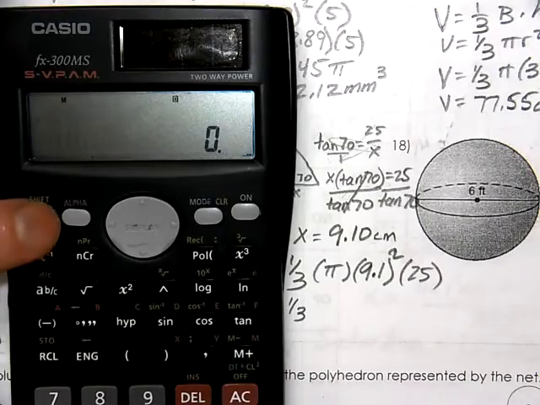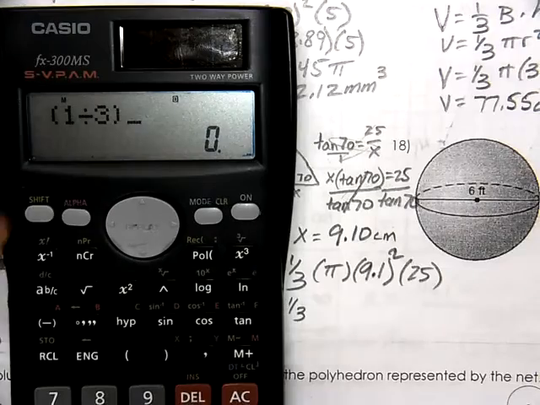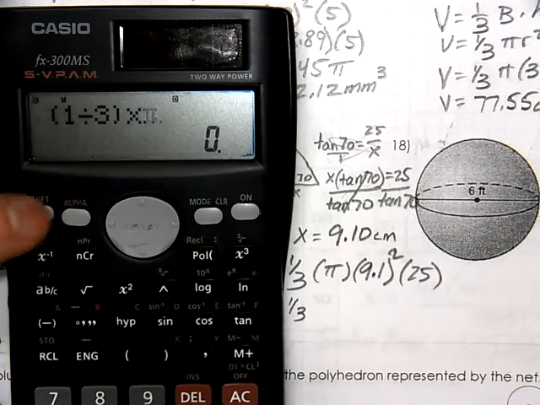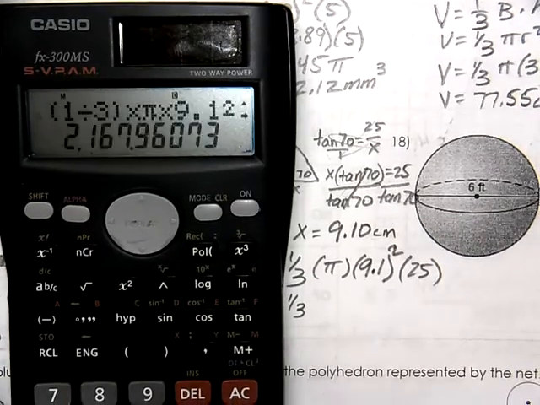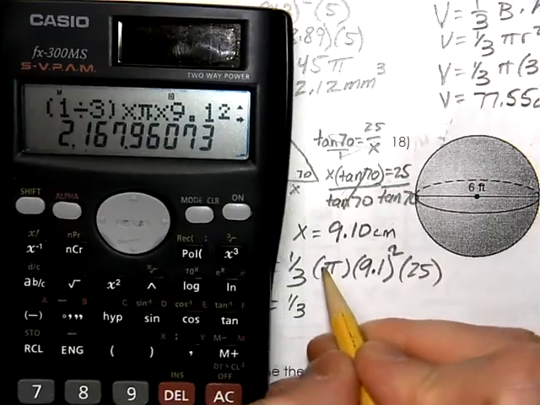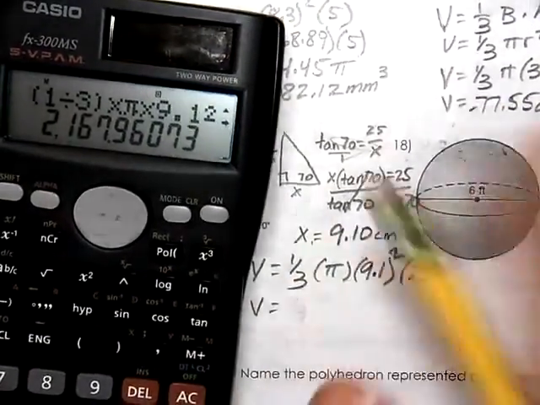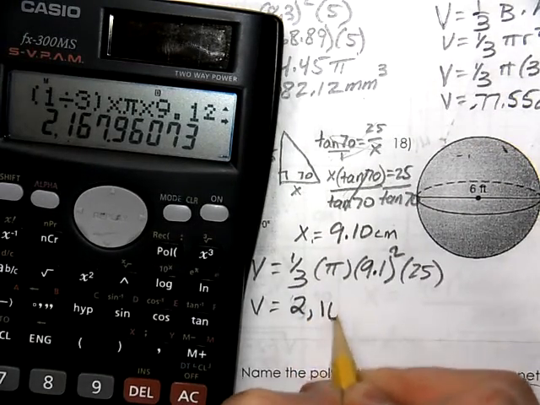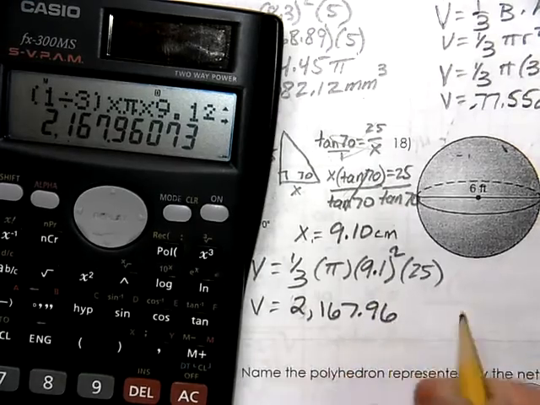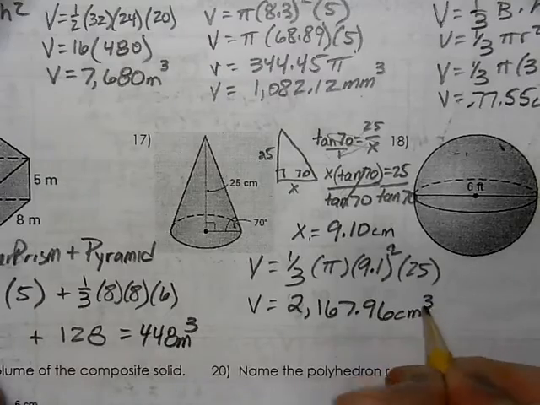So that's going to be 1 divided by 3 times pi times 9.1 squared times 25. So we have 2,167.96. These are centimeters cubed.